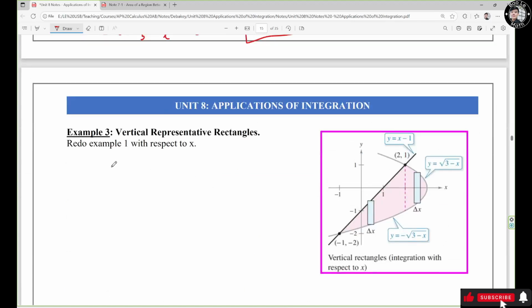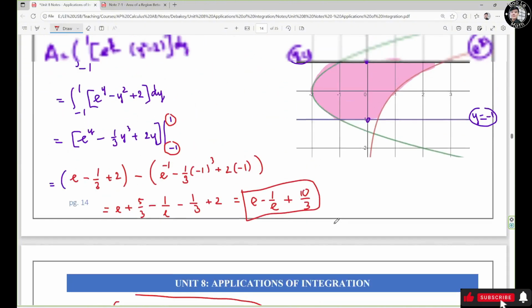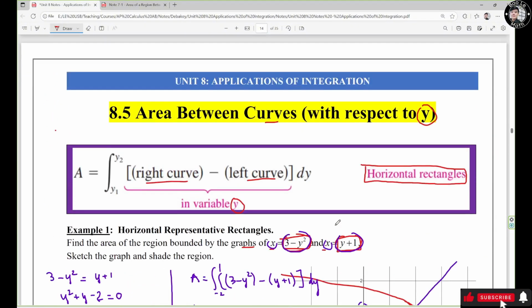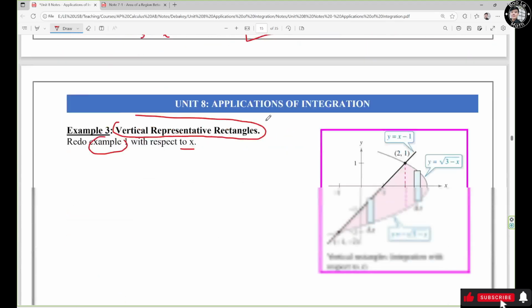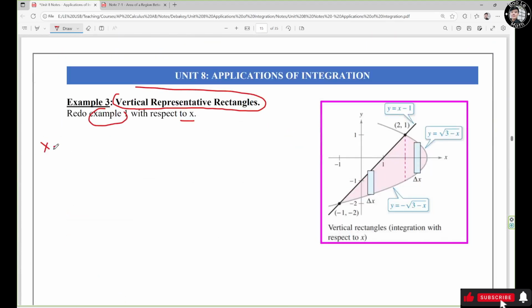Now, example number 3. Redo example number 1 with respect to s, which means we're going to use the vertical representative rectangles, right? We look at example number 1 right here. s equals 3 minus y squared.